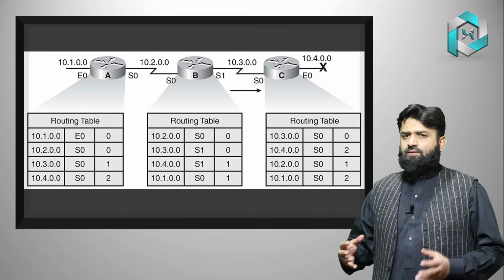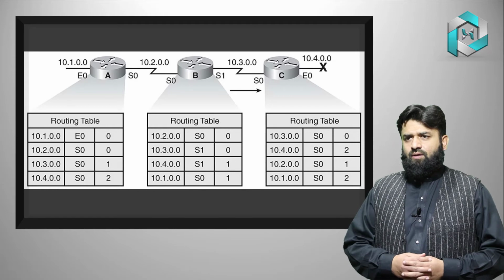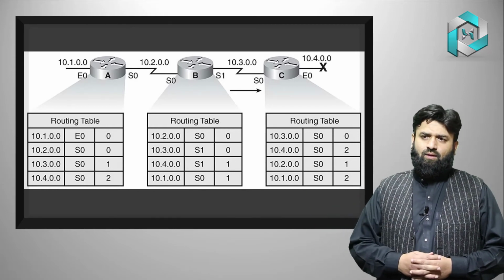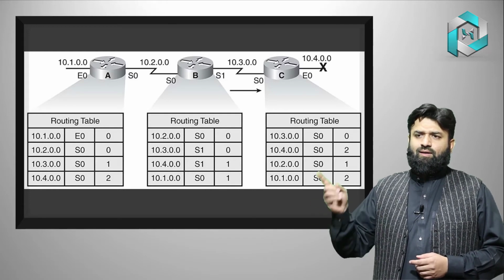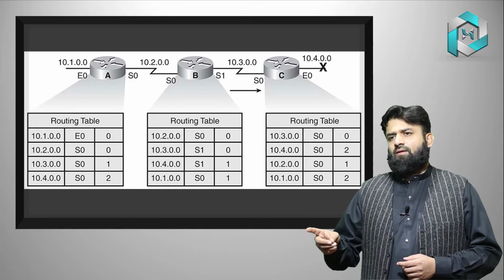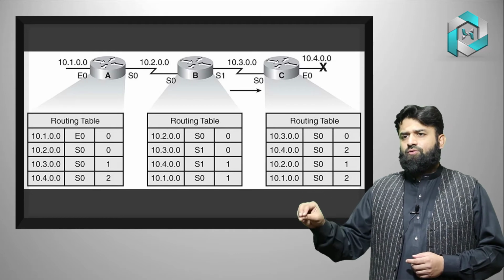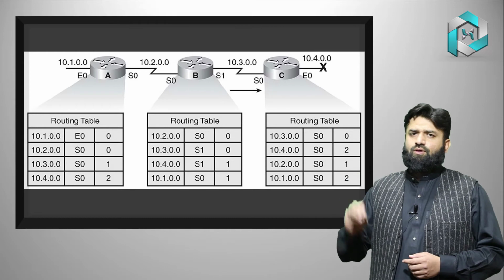Whenever a router gets a packet that is to be forwarded, the router will look into the routing table. If that route is present in the routing table, the router will forward it according to the route prescription, or according to the route specification, as shown in the routing table.